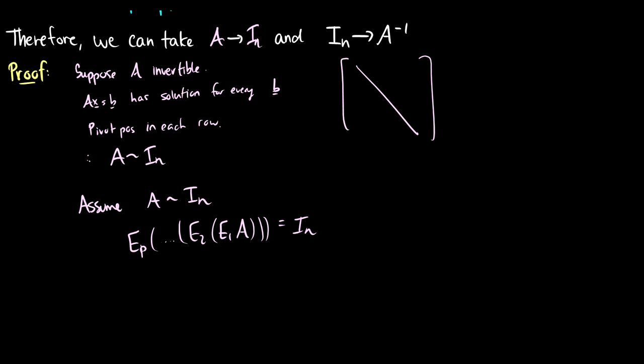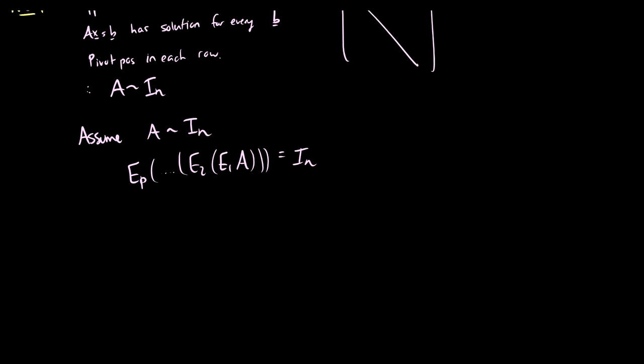We can rewrite this a little bit differently, and this will help us. We can take A and group all of our E's together: E_P, all the way to E2 and E1, times A, and this will equal the identity matrix. So what do we learn about elementary row operations that can help us here? Because we want to get an inverse out of this.